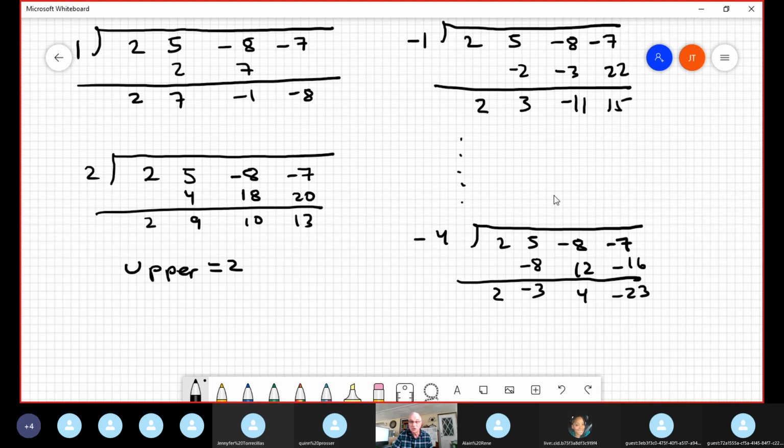When you see that situation in which you have the sign alternating, positive, negative, negative, positive, positive, negative, that means that this is a lower bound. It's negative 4. So I guarantee that the zero of this polynomial is in between negative 4 and 2. And it's the interval in which you have to investigate the zero.